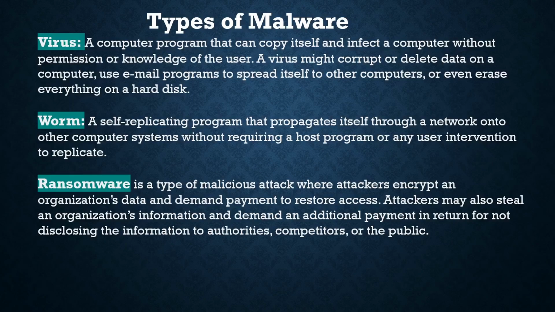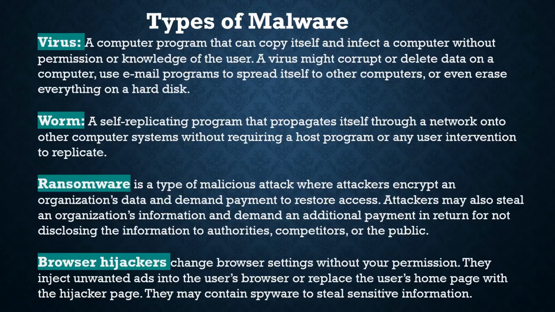So ransomware is a type of malicious attack where attackers encrypt an organization's data and demand payment to restore access. Attackers may also steal an organization's information and demand an additional payment in return for not disclosing the information to authorities, competitors, or the public. It is a very dangerous type of malware, and the world is dealing with it right now, that is ransomware.